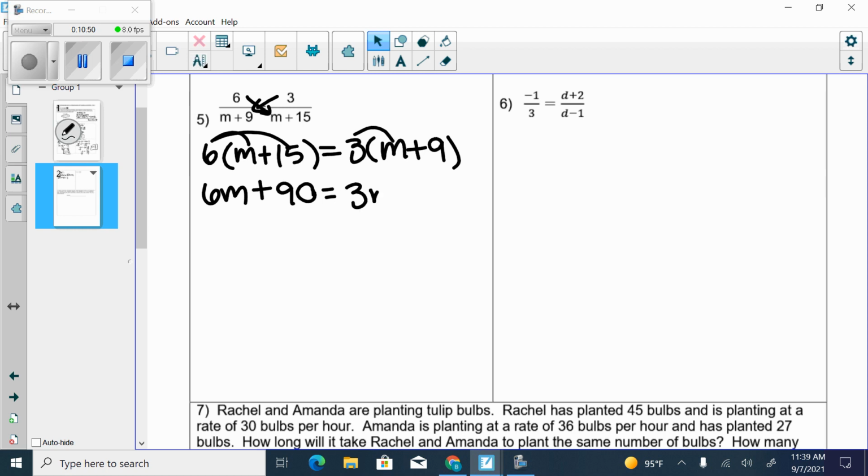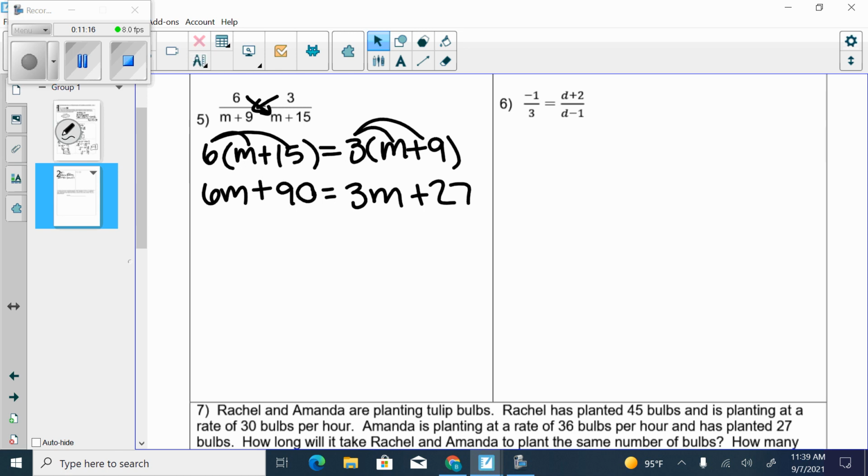Good. Plus, nice. Okay, what should we do now? Okay, so is there anything that's the same over here on the left? On the left, there's another m. Is there any like terms to combine? Okay, so since we don't have any, then we start moving stuff from left to right.